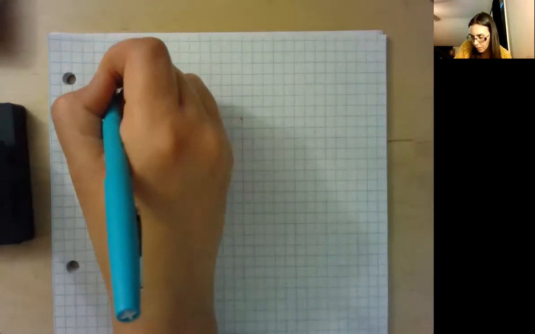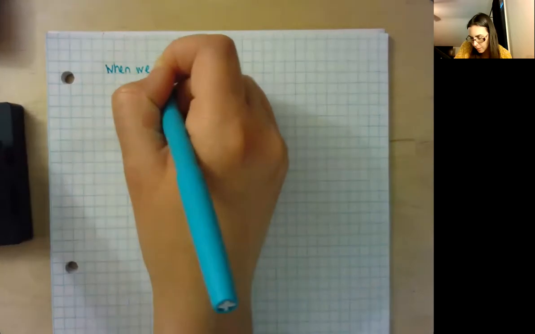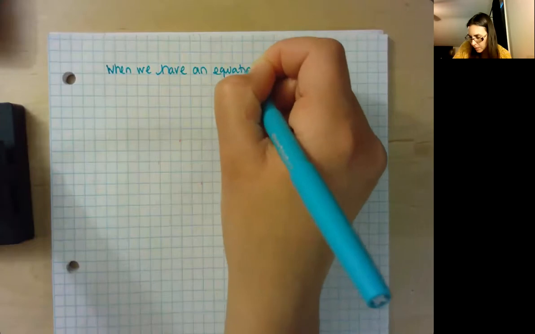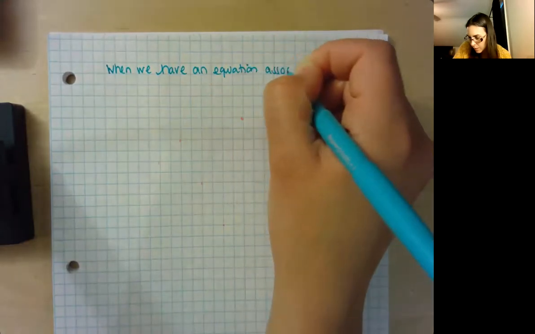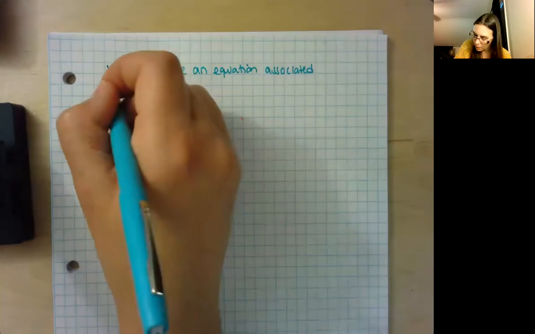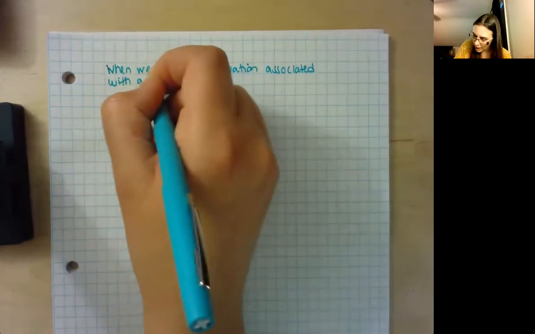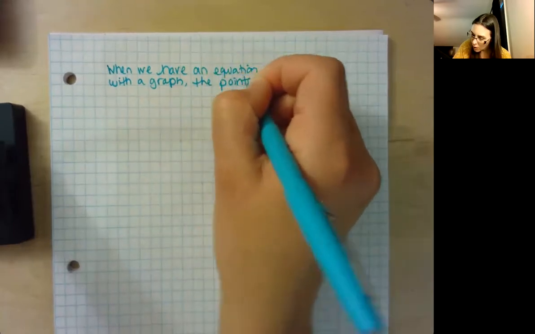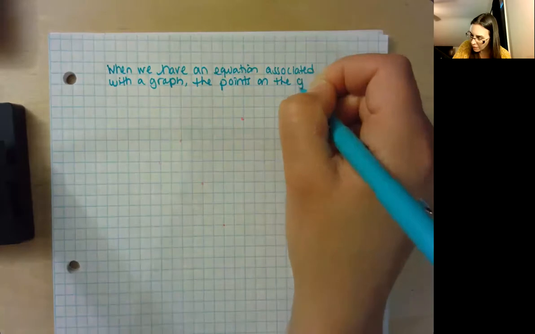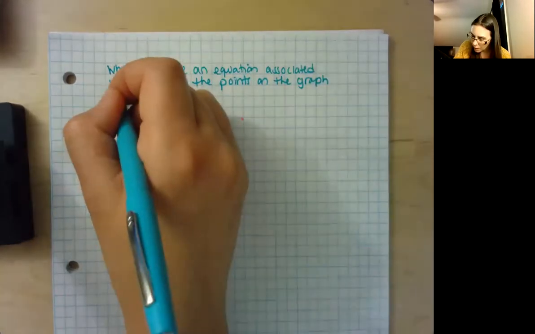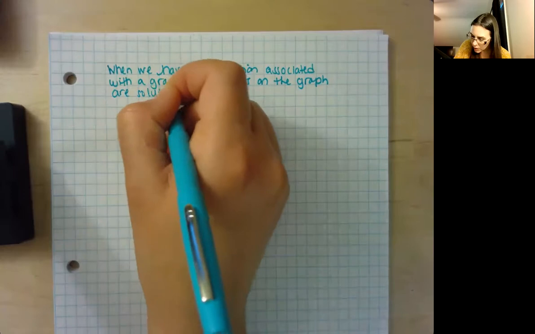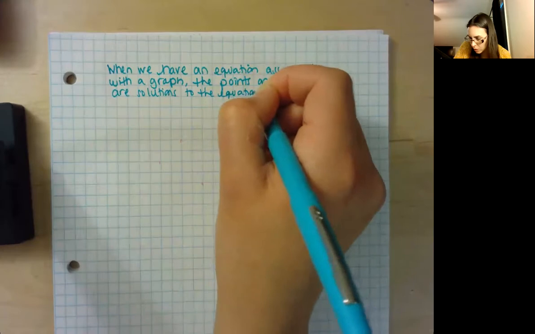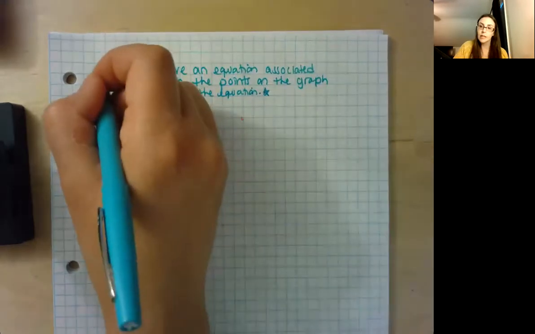So when we have an equation associated with a graph, the points on the graph are solutions to the equation. And this is actually a really important idea.